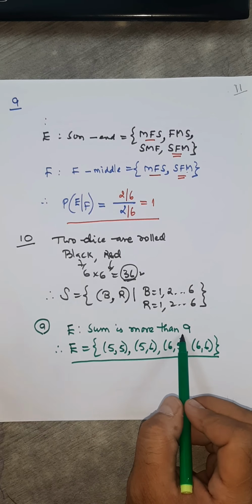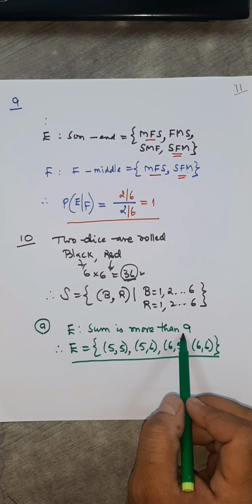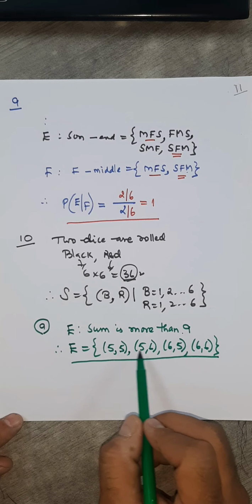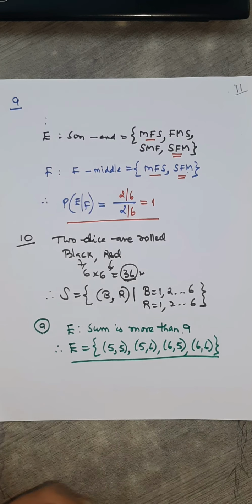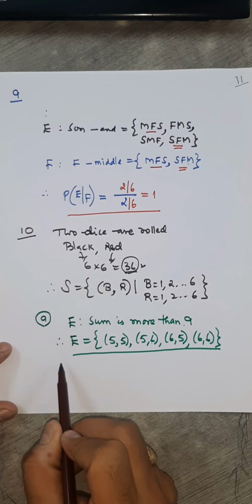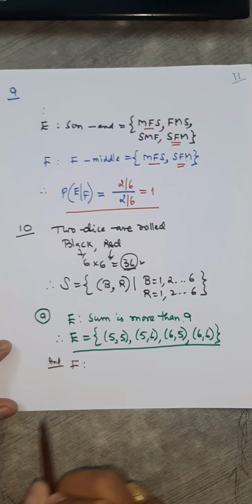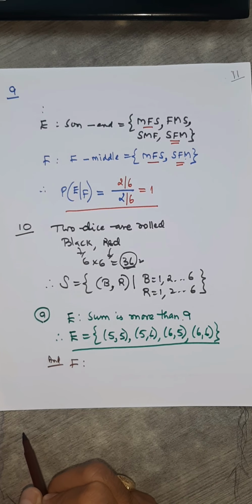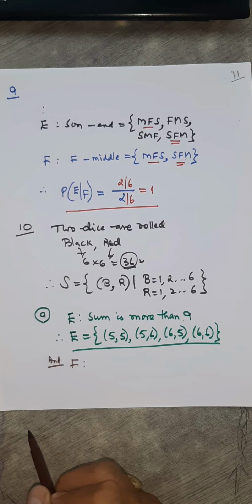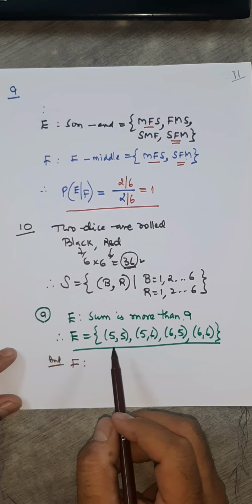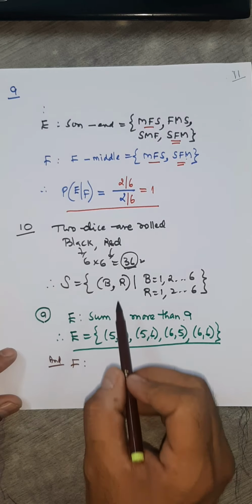Sum is more than 9. It's written clearly: obtaining a sum greater than 9. Greater than 9 means either 10 or 11 or 12. Such things we had even in 11th. Event E. And now event F, the other event. This event has occurred given that the black die results in a 5.